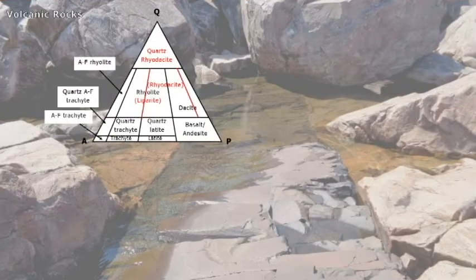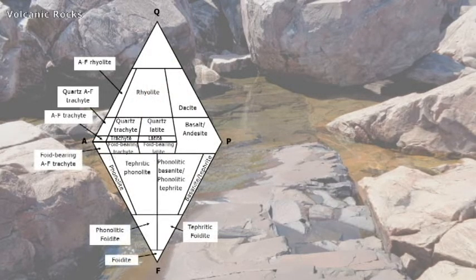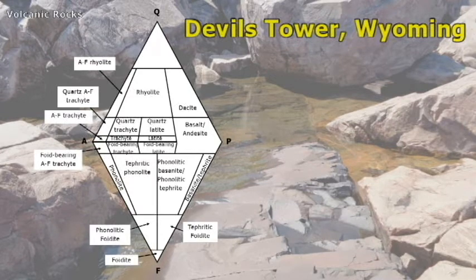Here's your bottom part. It's exactly the same as a plutonic rock. Here are your names. And like I said before, when I did my Devil's Tower video, the rock is traditionally considered a phonolite, even though some of the crystals are huge throughout most of the rock, so it should technically be plutonic.